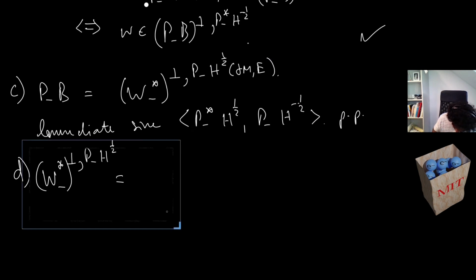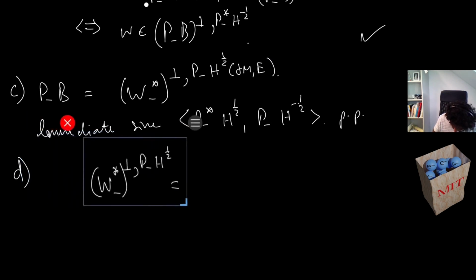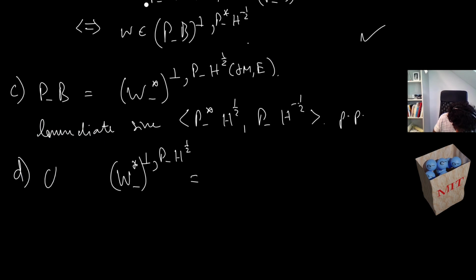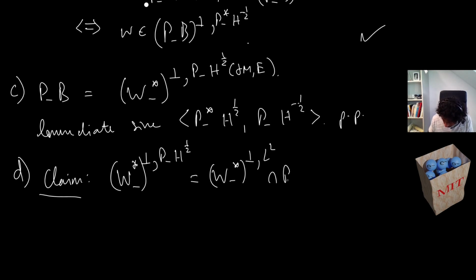All right. Claim. So the W minus annihilated in the P minus, I claim this is equal to W minus star annihilated in L2 intersect with P minus L2 ME intersected with H half ME.